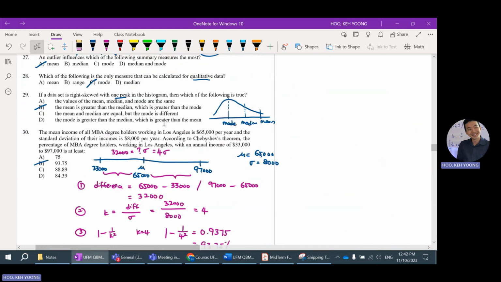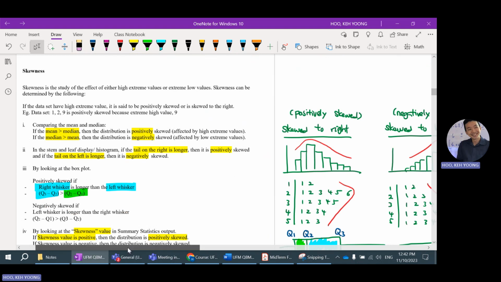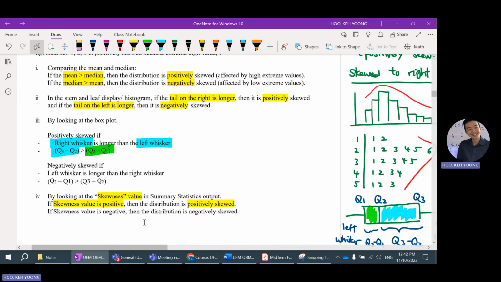I've put it in the slides here, which is your point 4. In the summary output, the skewness value is positive when the distribution is positively skewed, and if the skewness value is negative, then the data is negatively skewed. But right now, we don't know if D is positive or negative, and the question is asking for that.